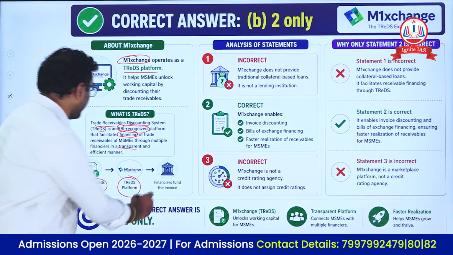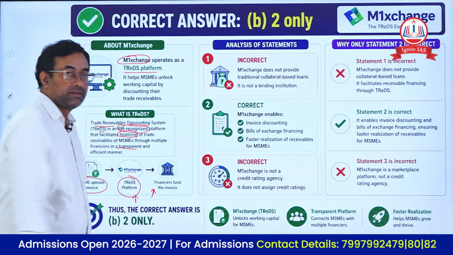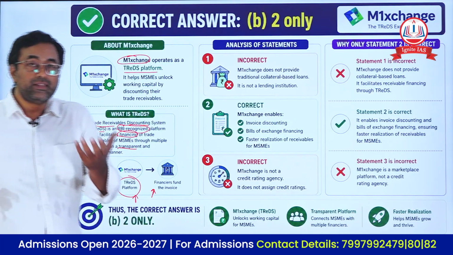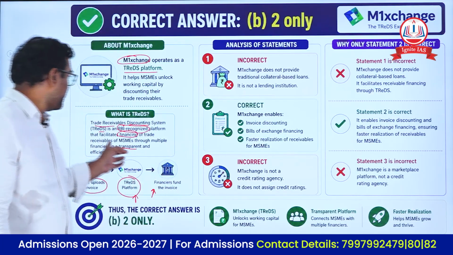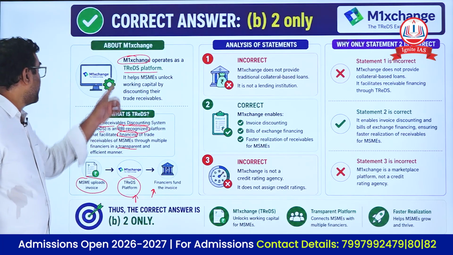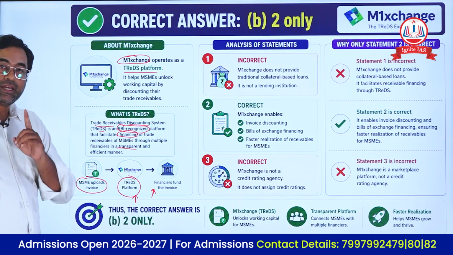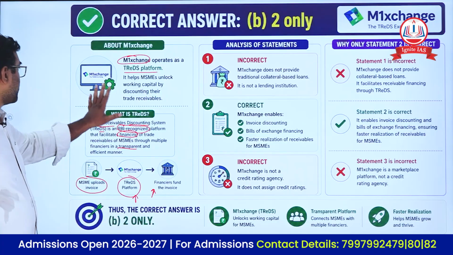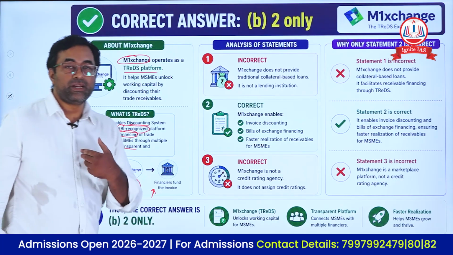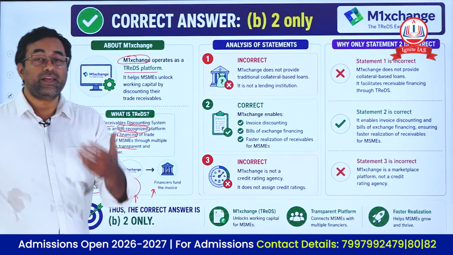Financiers fund that invoice. So MSMEs can raise money through the TREDS platform. M1 exchange is one type of TREDS platform which supports MSMEs to raise money with the help of invoices they have generated.